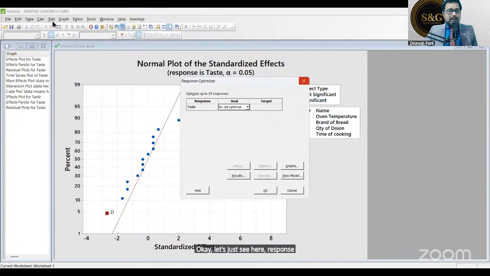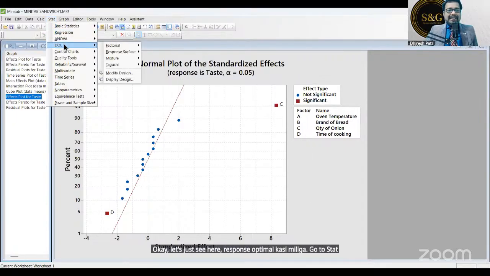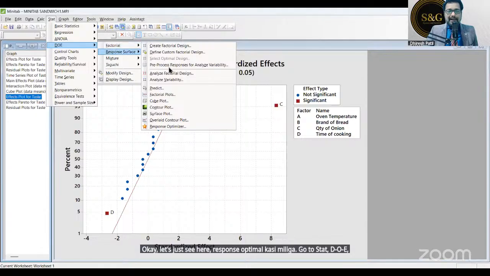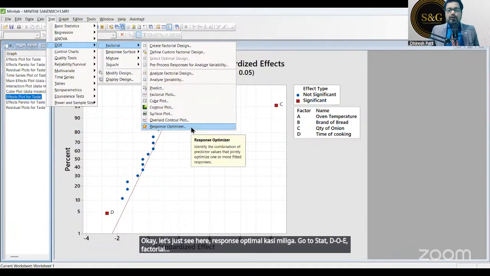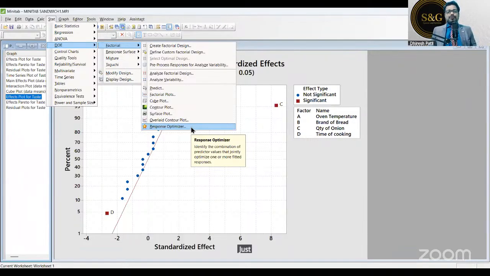Go to Stat, DOE, Factorial. At the bottom, you will find response optimizer. Can you find this? Just give me yes in the chat box. Just follow this: Stat, DOE, Factorial, Response Optimizer. Just click on that.